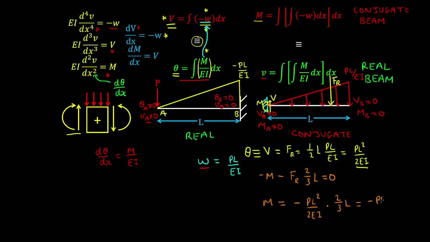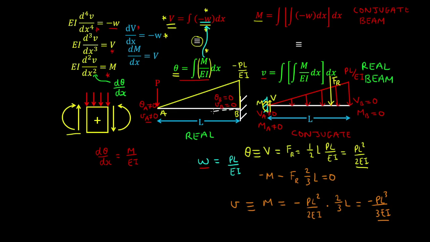So that gives minus PL cubed on 3EI. And as we said, the deflection in the real beam is equivalent to the bending moment in the conjugate beam. So that's our deflection of the cantilever.